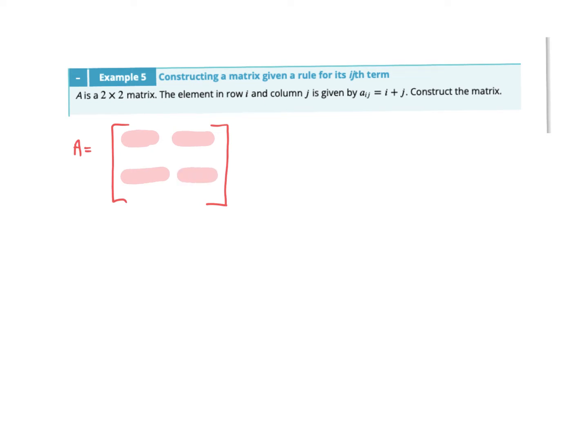This would be row 1, row 2, and this would be column 1, column 2. So I can make up this matrix using this rule. Remember that i equals the row number and j equals the column number.